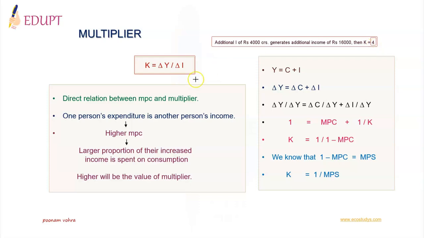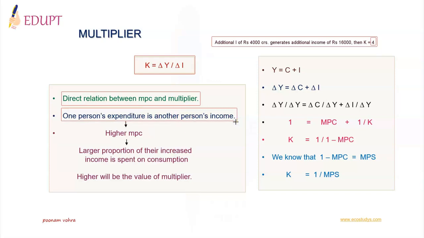One needs to understand that there exists a direct relation between MPC and multiplier. The higher the marginal propensity to consume, the more will be the value of multiplier, and vice versa. This concept of multiplier is based on the fact that one person's expenditure is another person's income.